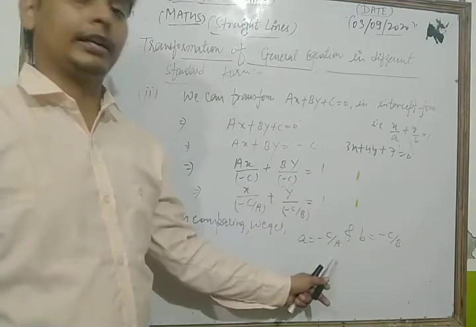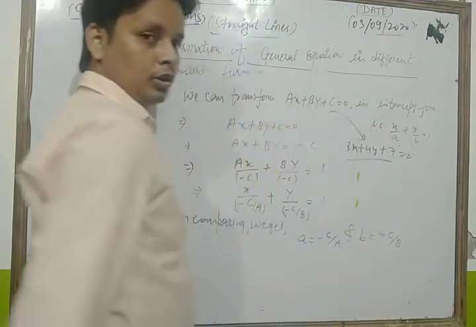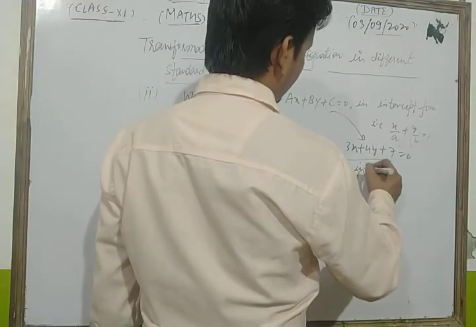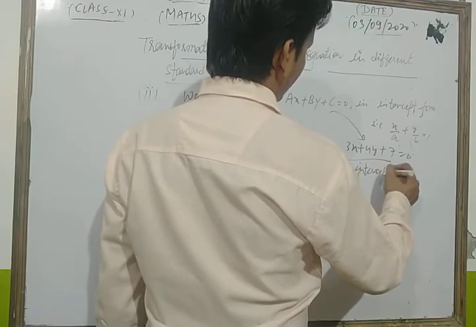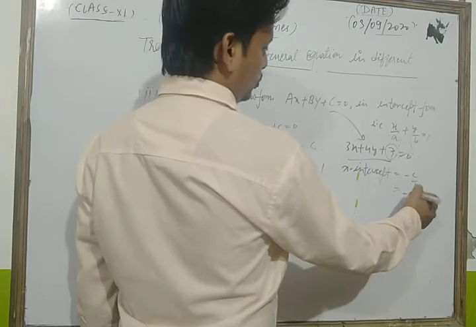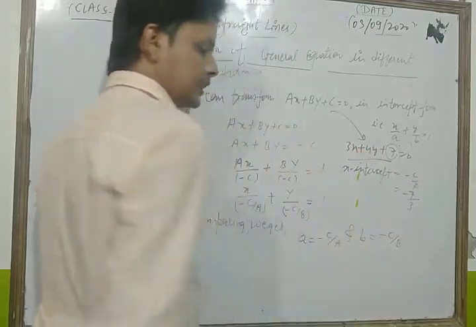This is the general equation of a line in that form. So if we find the x-intercept, the value is minus c upon a, meaning the constant term 7 upon the value of a, the coefficient of x, which is 3. So we get minus 7 by 3.